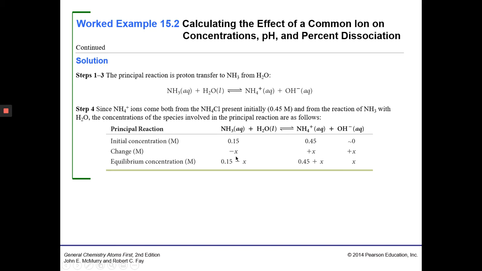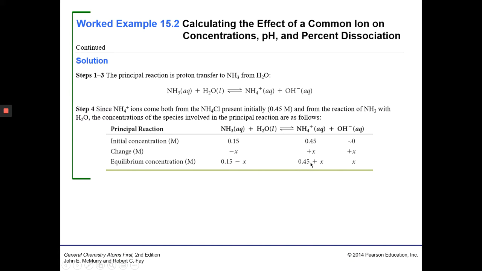So this will decrease by X. These will both increase by X. And we would substitute these values into the equilibrium constant expression. The expression would be NH4 plus times OH divided by ammonia.